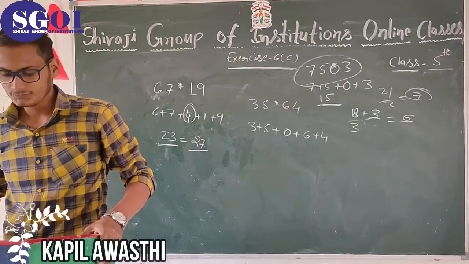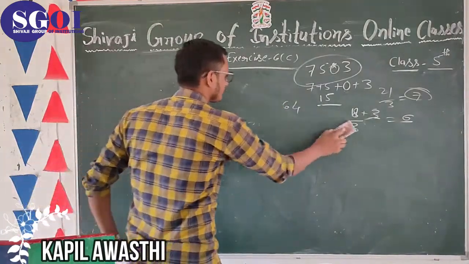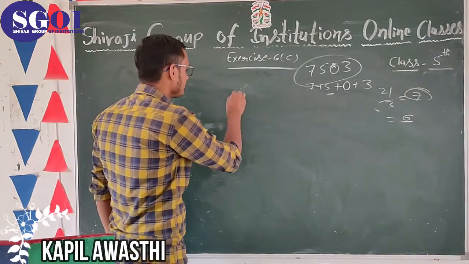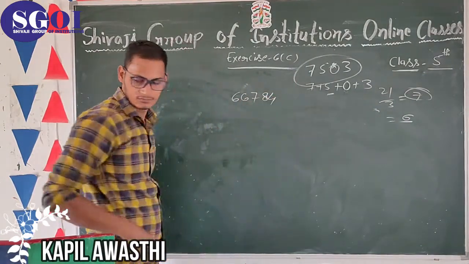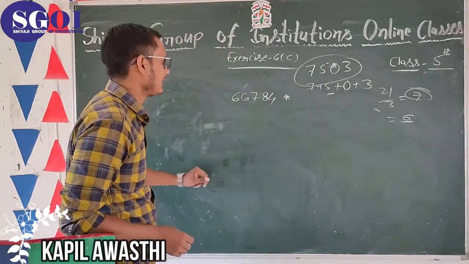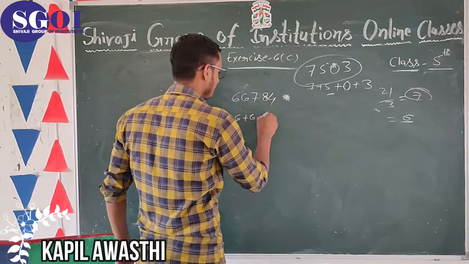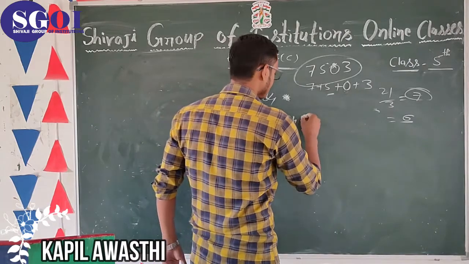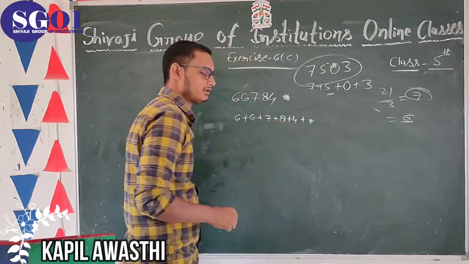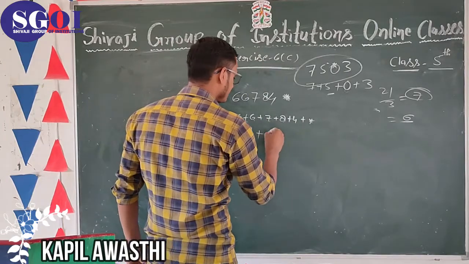Understood? So students, question number 2 is divisibility by 9. Which number is in place of star? 6 plus 6 plus 7 plus 8 plus 4 plus star. 6 plus 6 is 12, 12 plus 7 is 19, 19 plus 8 is 27, 27 plus 4 is 31, 31 plus star.